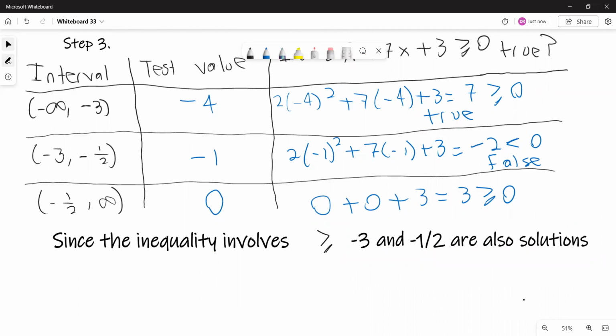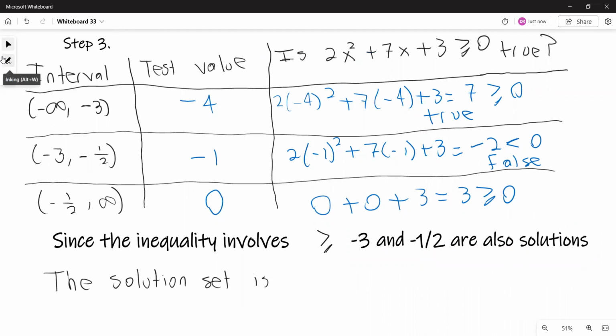The solution set is: the expression is positive on -infinity to -3, and -1/2 to infinity is a solution.